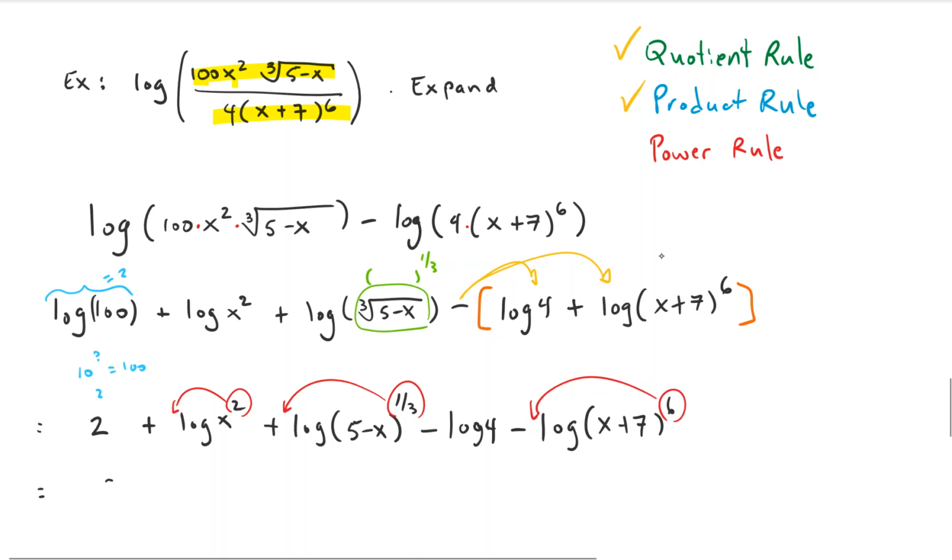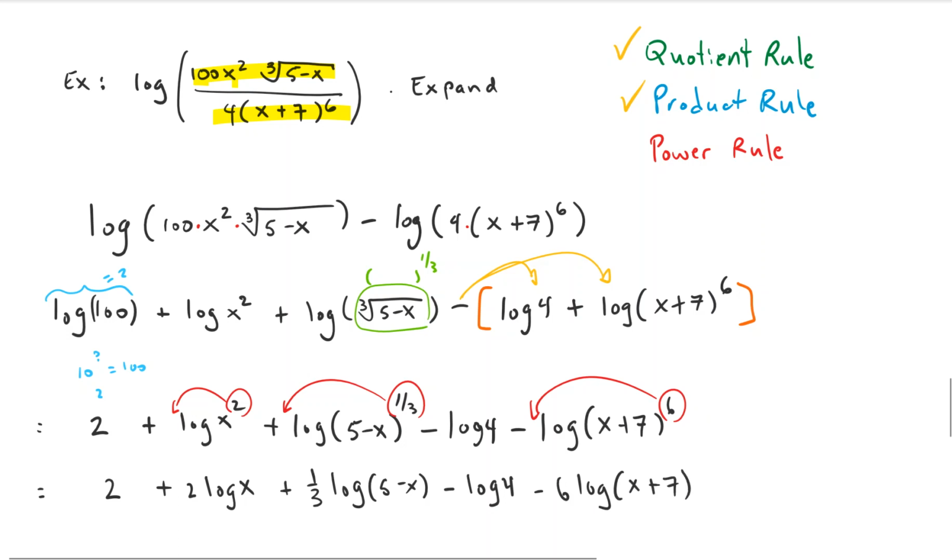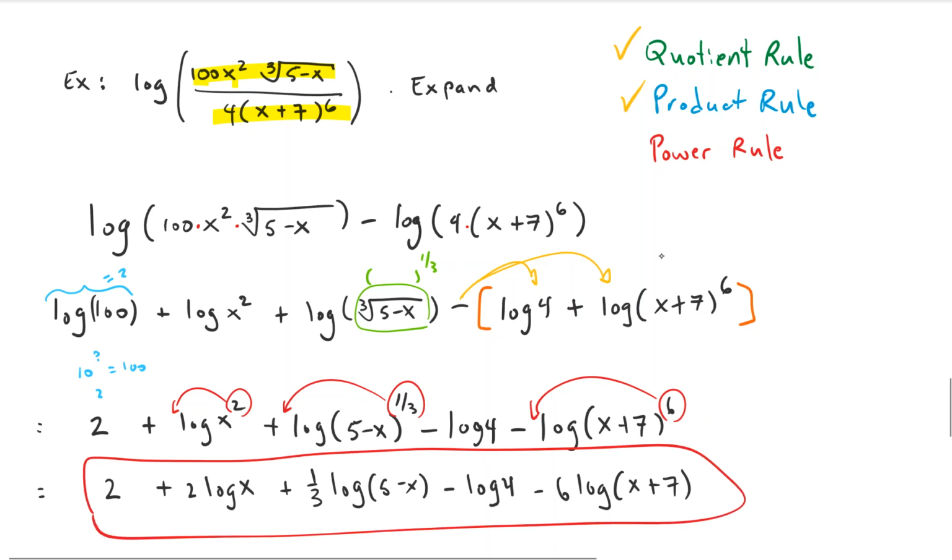Here we go. So 2 plus 2 log base 10 of x plus 1/3 log base 10 of 5 minus x minus log base 10 of 4 minus 6 log base 10 of x plus 7. That's it.